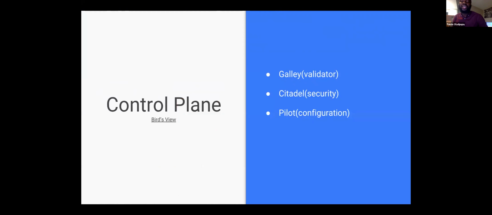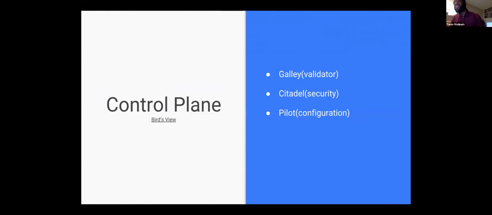All right, the control plane. The control plane is made up of 3 components, but trust me, 2 of those components are very, very boring. What is the galley? The galley is very, very simple. The galley is simply the part of the control plane that validates configuration. Think of your Kubernetes cluster.